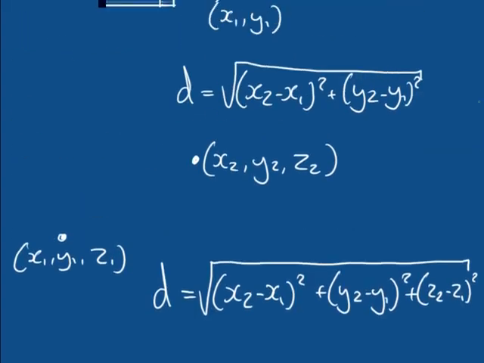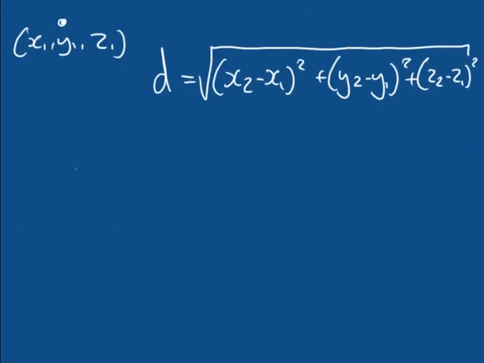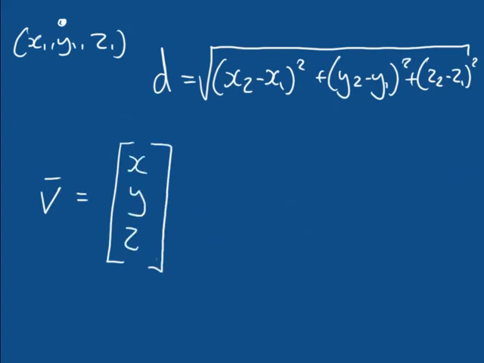Now let's think about our 3D vector for a second. If we had a 3D vector v, which was equal to x, y, and z, what do the components of this vector tell us? They tell us how far we have travelled in x, how far in y, and how far in z.